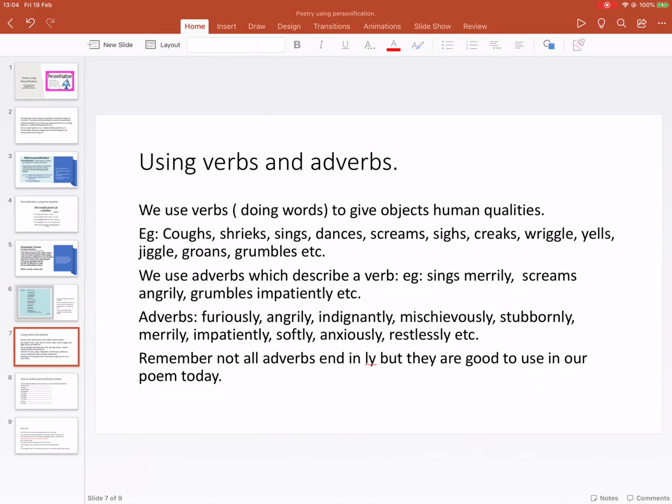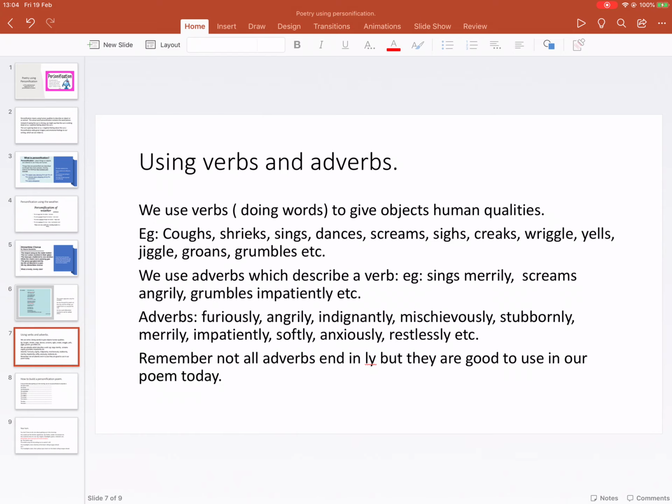Now adverbs, they don't all have ly, but they're good to use in our poem today. So grumbles impatiently, etc. So adverbs that you could use are furiously, angrily, indignantly, mischievously, stubbornly, merrily, impatiently, softly, anxiously, restlessly, etc. There's loads of ly adverbs.